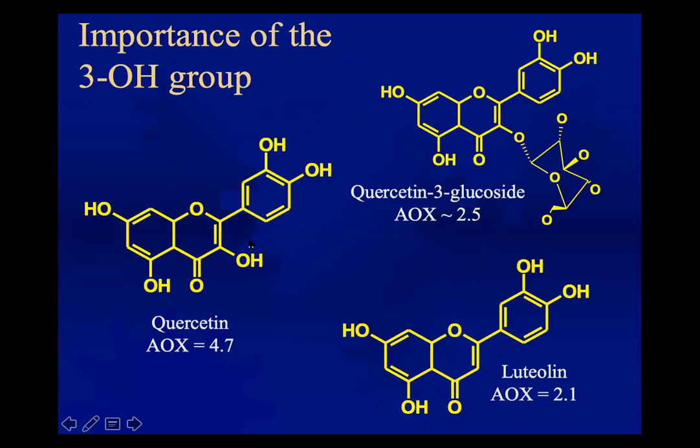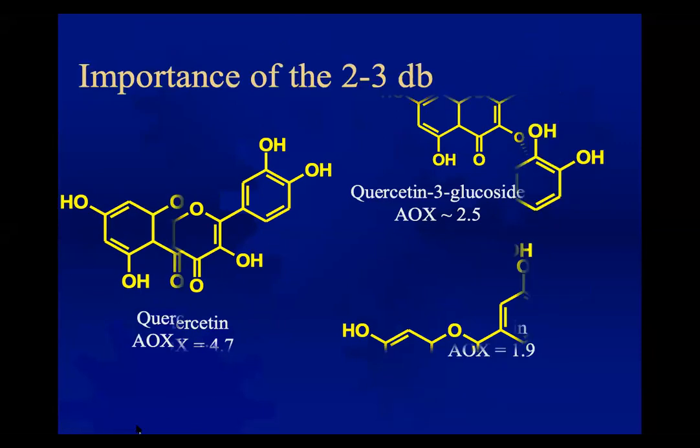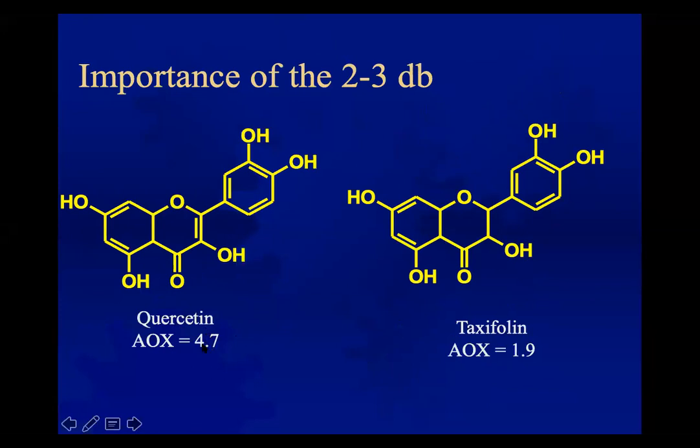That means the 3-hydroxy group is crucial for higher antioxidant activity of flavonoids. Quercetin is 4.7 on the antioxidant activity scale. But if we see taxifolin, it contains 3-hydroxy, but no unsaturation here. This is why its antioxidant activity dropped to only 1.9.